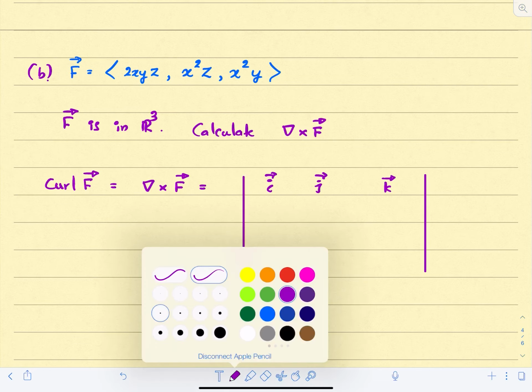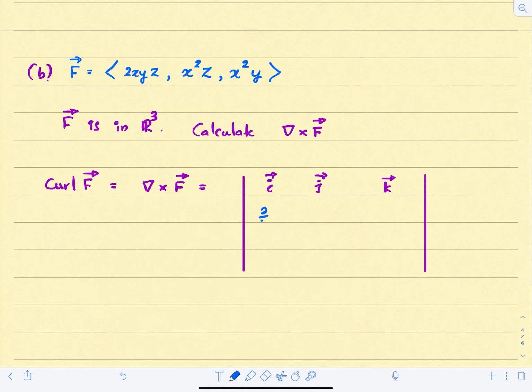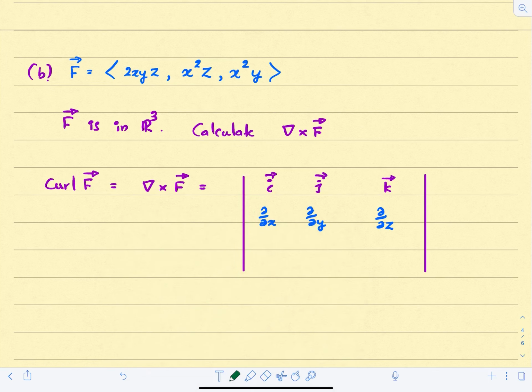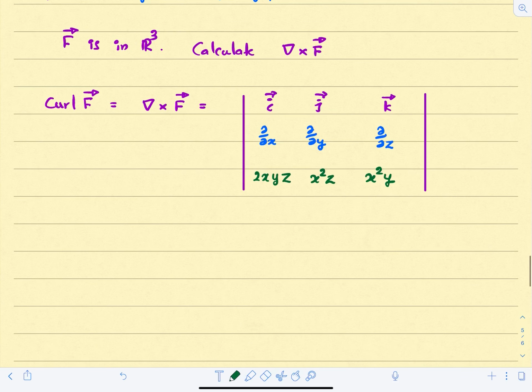And in the second row, we have partial over partial x, partial over partial y, and partial over partial z. These are the components of the gradient operator. And finally, we have the components of the vector field: 2xyz, x squared z, and x squared y. Okay.